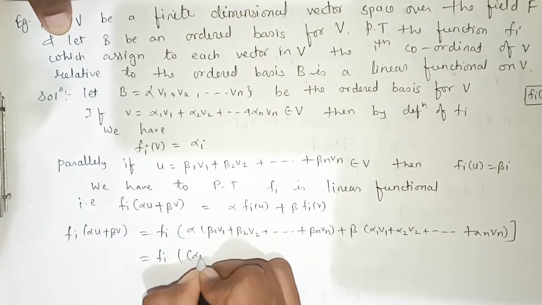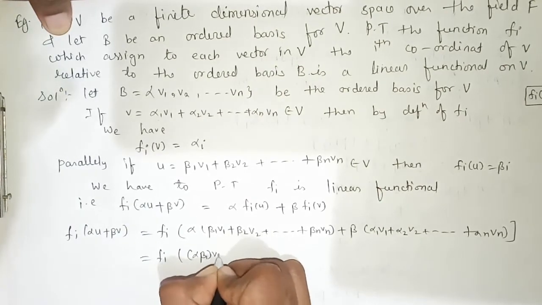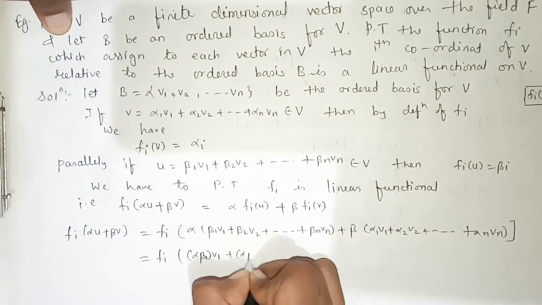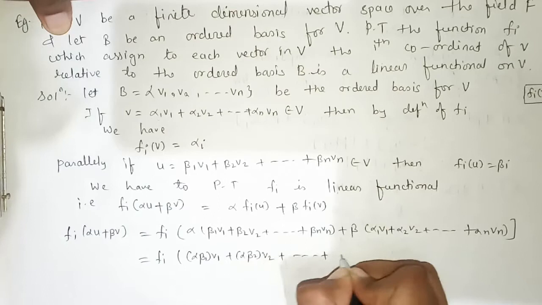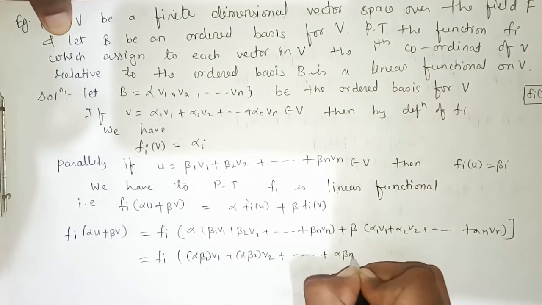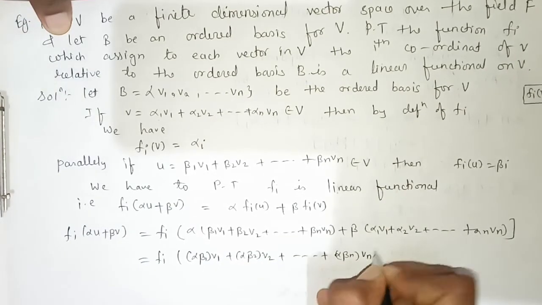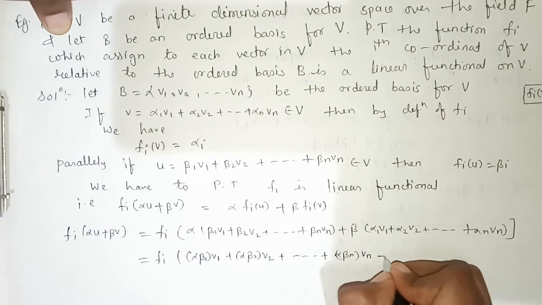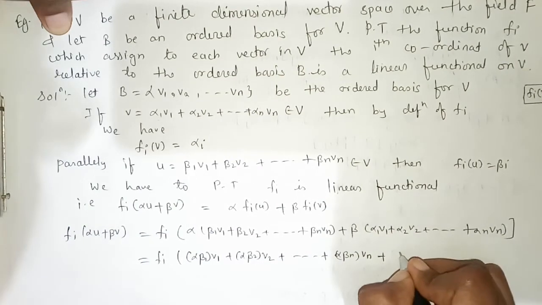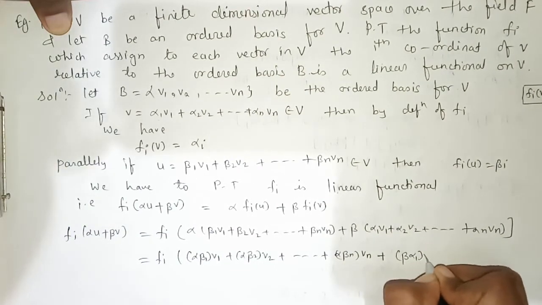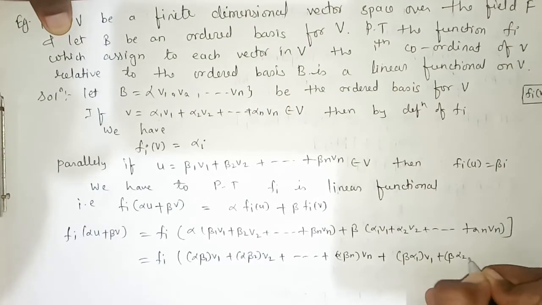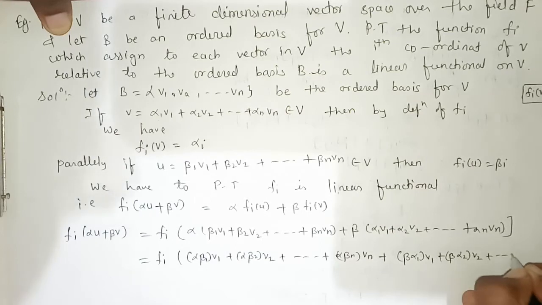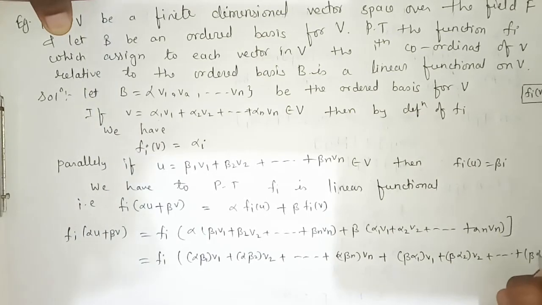I can write alpha beta 1 v1 plus alpha beta 2 v2 plus alpha beta n vn plus beta alpha 1 v1 plus beta alpha 2 v2 plus beta alpha n vn.